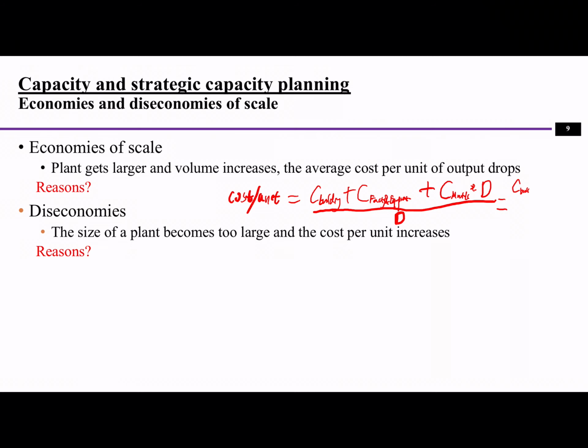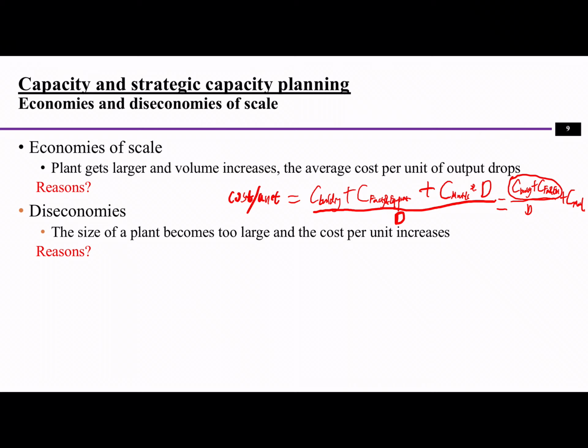So from this equation, we can tell the cost per unit is an equation of C building plus C facilities and equipment, divided by D, plus C materials.